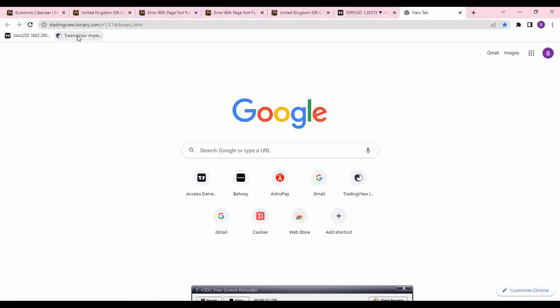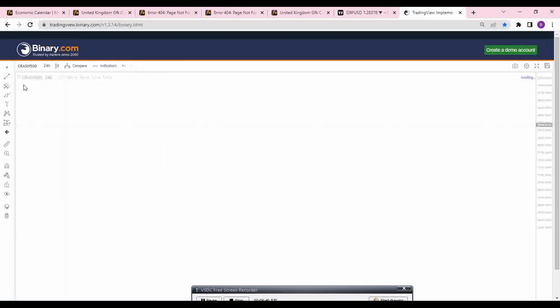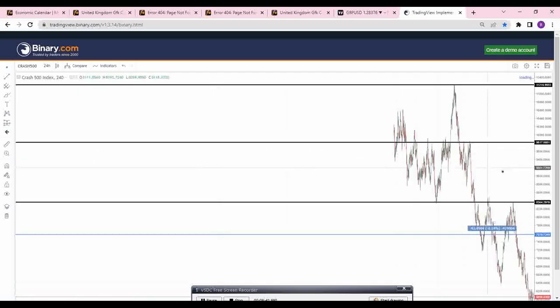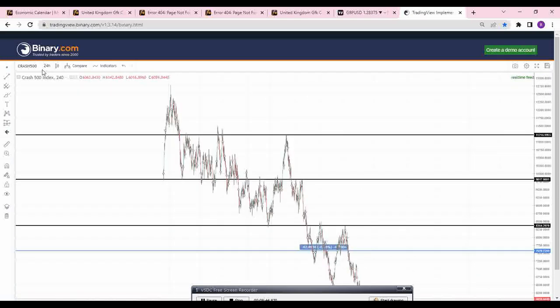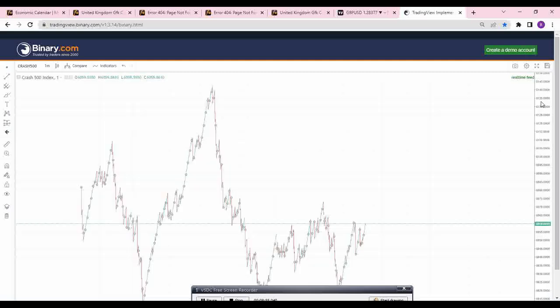Let me show you how synthetic indices look. This is the volatility 25 index. This is crash 500, you can see. Let me take you down to the 1 minute time frame so you see how crash is. For those of you that don't know about it, if you want to create an account, the only broker you get it on is Deriv.